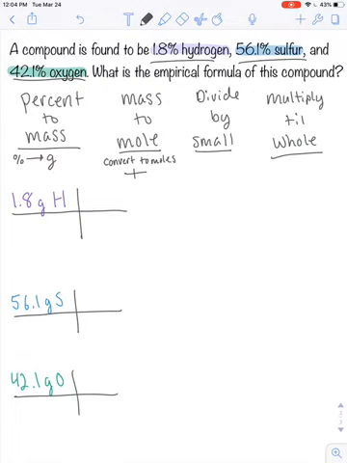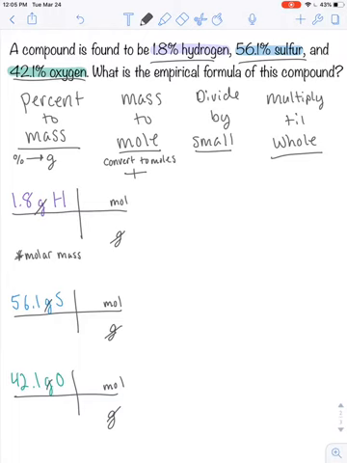If we're converting to moles, we're going to put moles on top because that's our goal unit, and we need grams on the bottom so that our units will cancel out. Since we need to get from grams to moles, we're going to need our molar mass. So for this step, we do have to use our molar mass of these elements.